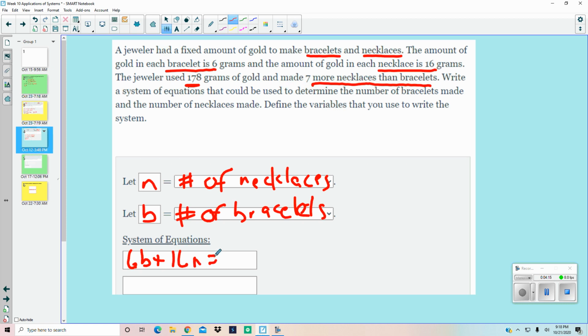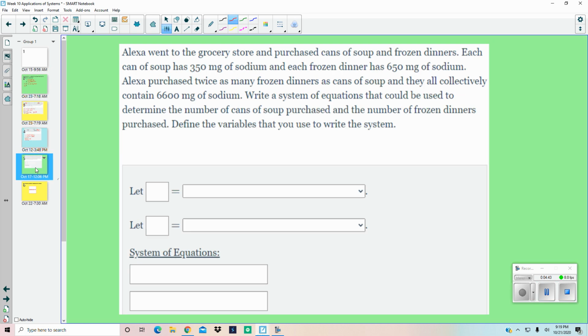The total grams that the jeweler had was 178. So there's my first equation. And now I know that there were 7 more necklaces than bracelets. So the bracelets plus 7 is going to equal the number of necklaces. So there's my system. So all you're going to be doing on this assignment is coming up with variables, describing them, and then writing the system.